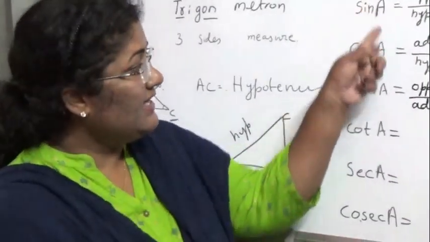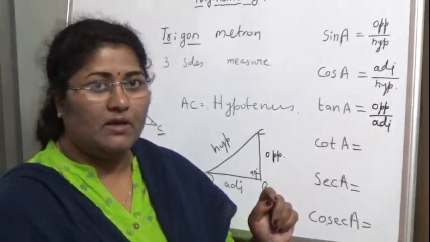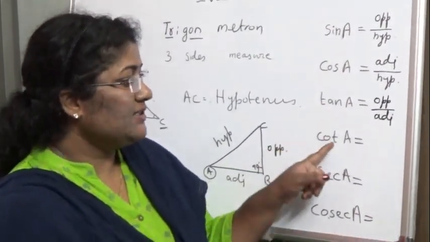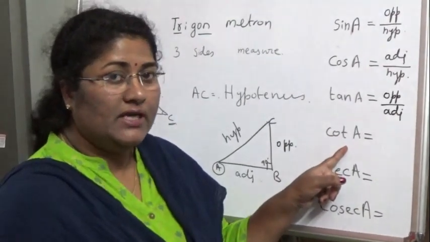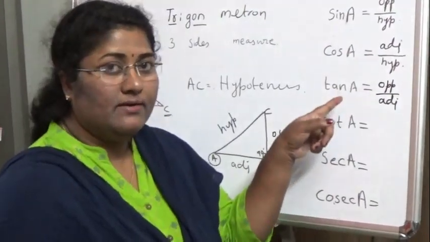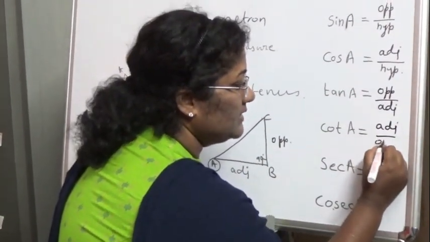If we remember these three, we can write the other ratios easily. The reciprocal of tan A is cot A, which means adjacent by opposite.